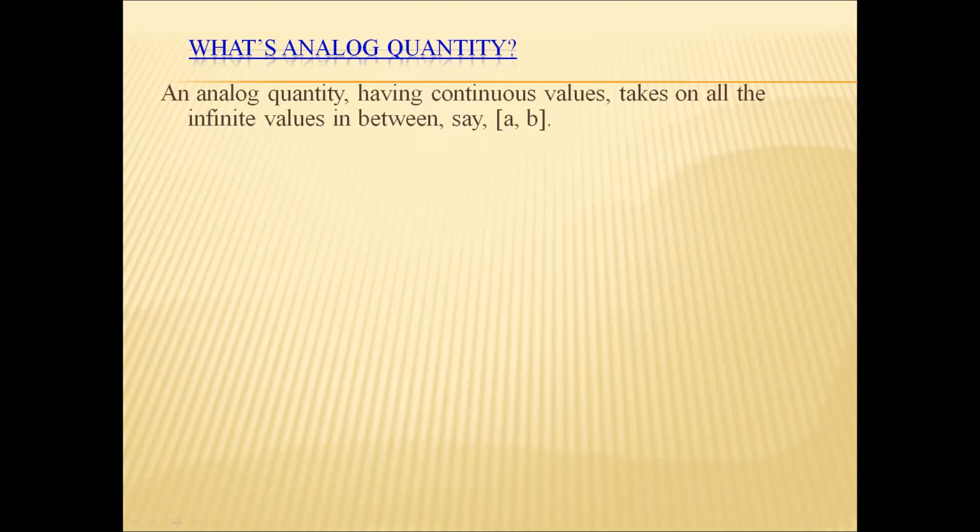It exists for each and every moment, and it has finite values at every moment of time. But if it is a discrete, digital quantity, you will have values only at certain instances of time.